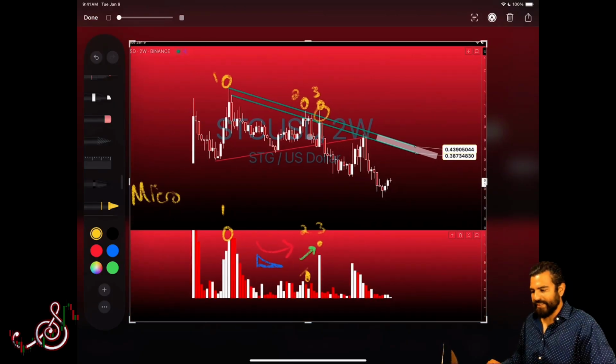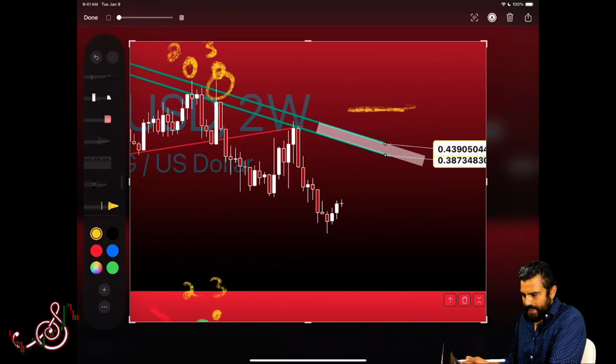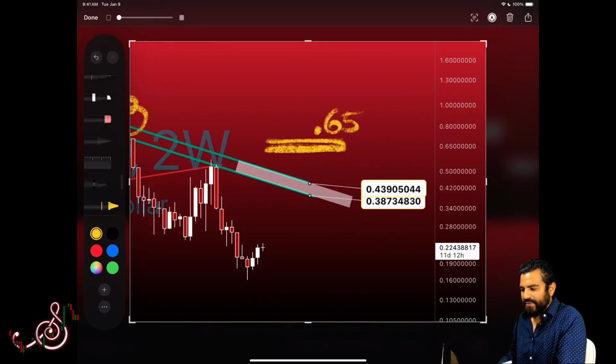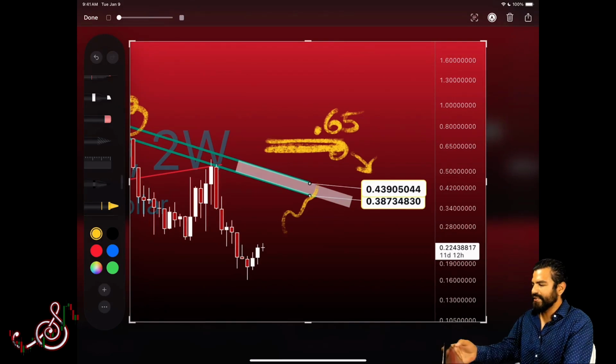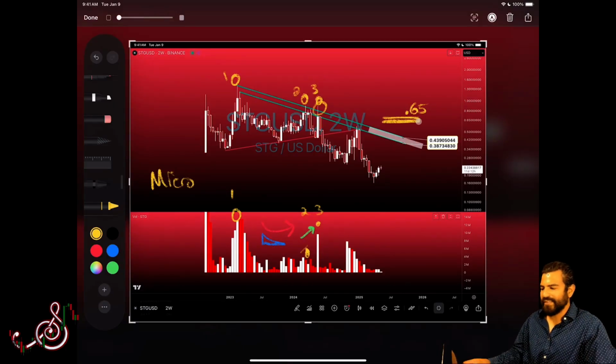What's going to happen at these areas is you're still going to be paying attention to that area in the future. So we're going to put this on your map. You're going to want to pay attention to 65 cents. Sometime in the future, look for 65 cents to give us some resistance or another important piece of information. That's a good example of something to look forward to, 65 cents.